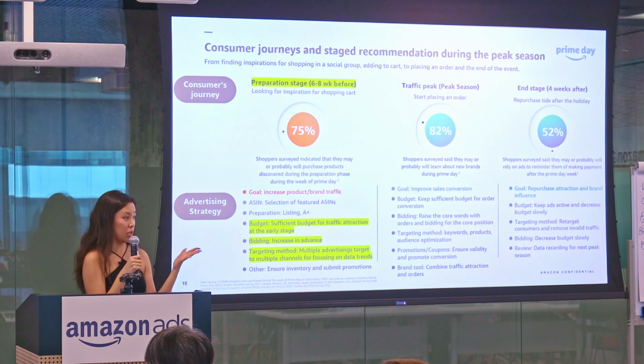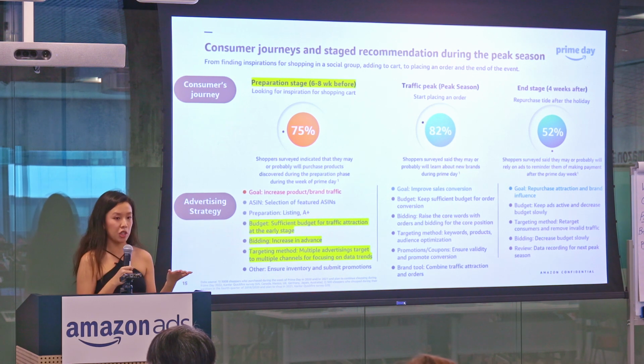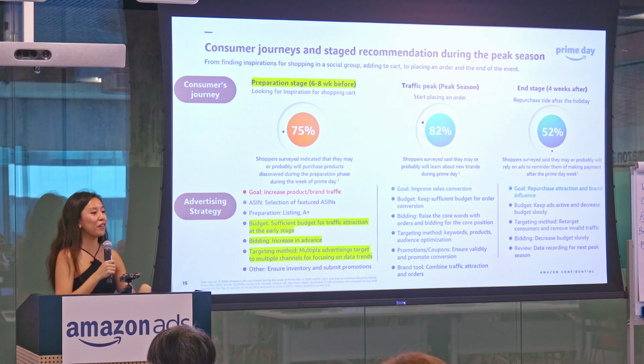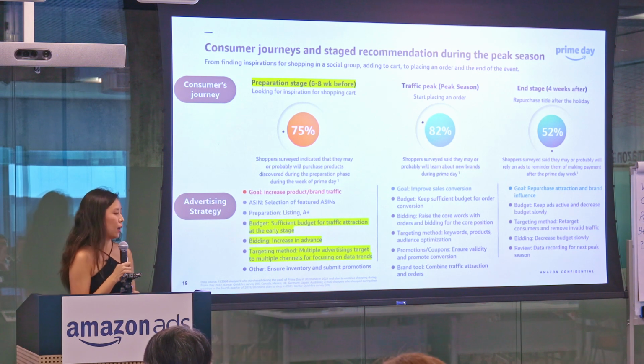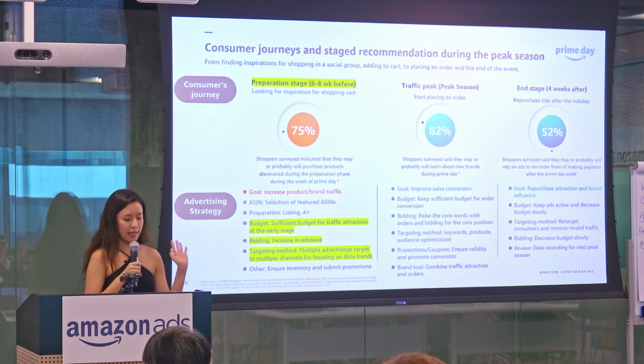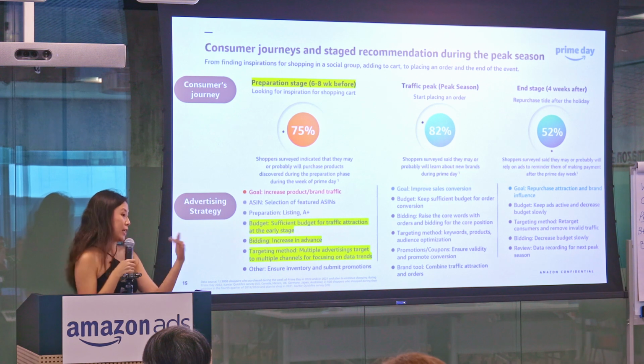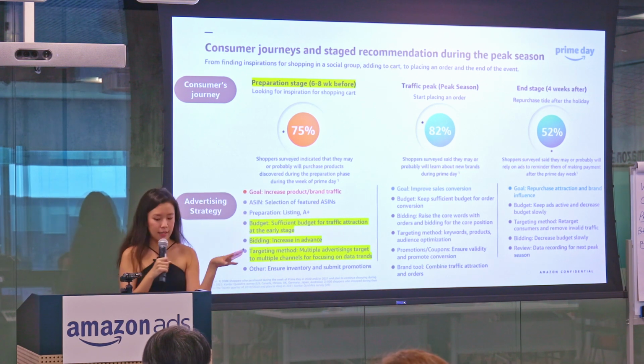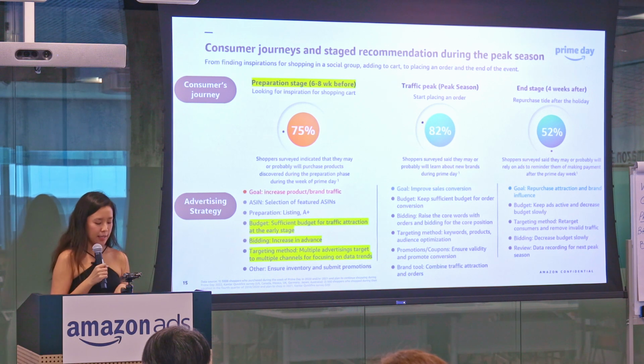As I mentioned, the top tip for your budget is to start mentally, as well as really preparing, for your budget increase leading up towards Prime Day. For bidding, you want to start slowly increasing bids in advance, because there's so much more traffic flooding the sites before Prime Day itself.